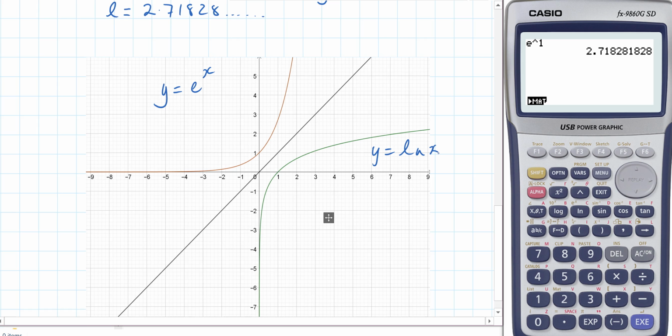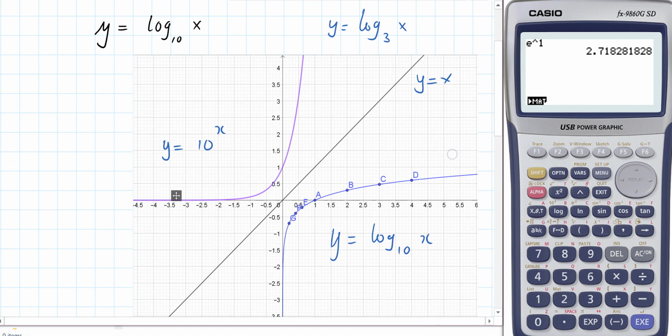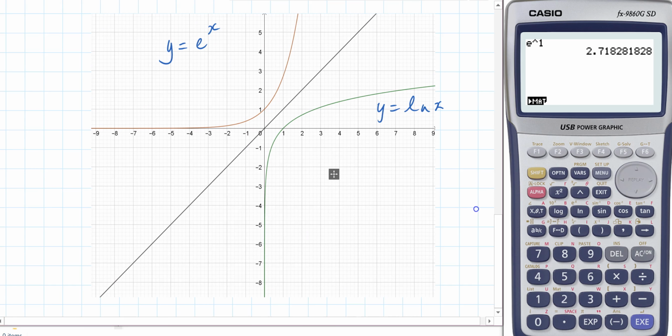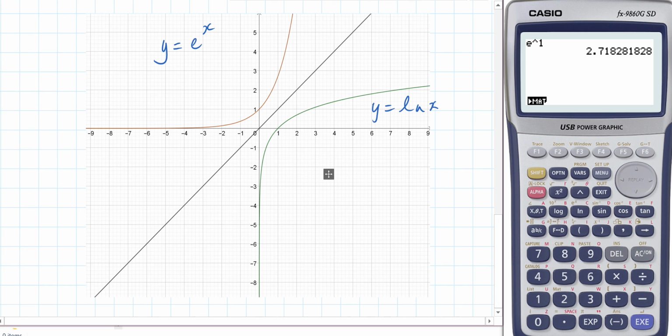Now, the reason that I bring up these two graphs, along with the log graphs that we did earlier, is that at a later stage in this course, you're going to use your calculator to model curves, and the calculator will give you the option of using a base that's either a number, like 2 or 2.5 or 3.7, or it'll give you the option of modeling it where the base is going to be the letter e.